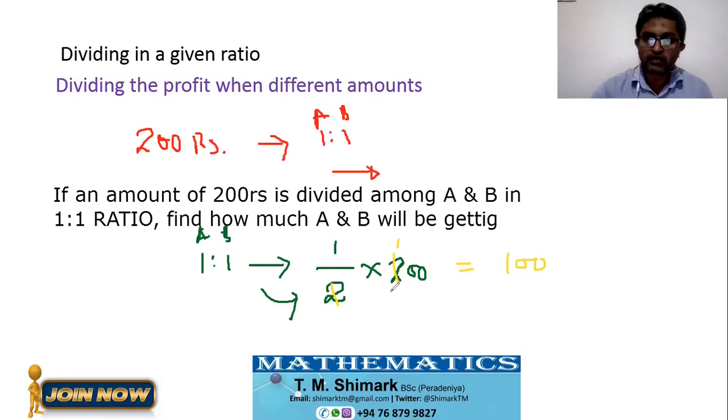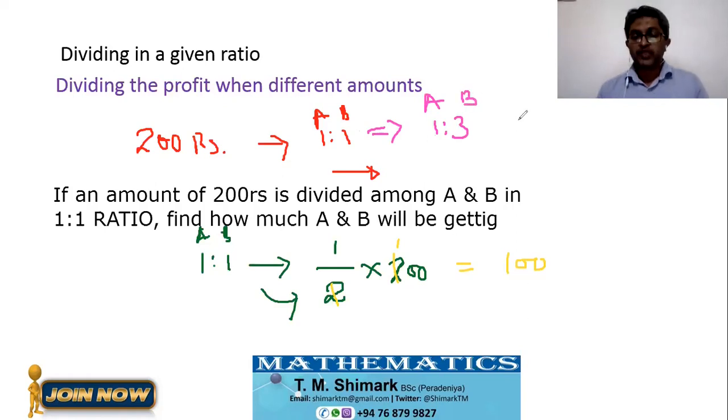Okay, now my question is, if I am going to divide this same 200 rupees among A and B in the ratio of 1:3, A is getting 1 and B is getting 3, then how much will A and B get?